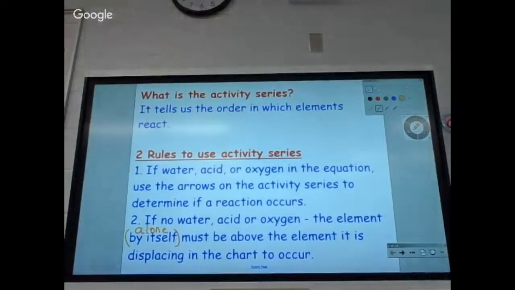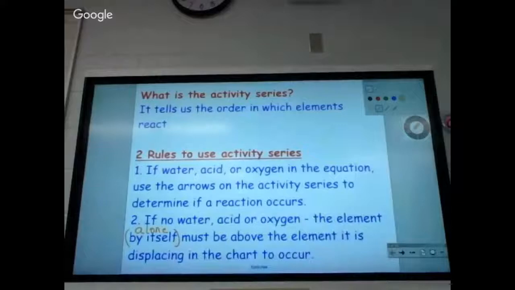Okay, the element that's alone must be above the element it is displacing in the chart to occur. If it's not strong enough to bump out that element, the reaction does not occur. How do we know if it's strong enough to bump out that other element? It has to be above that element in the chart.